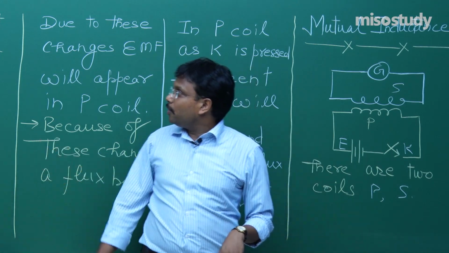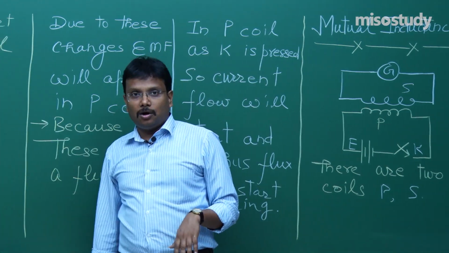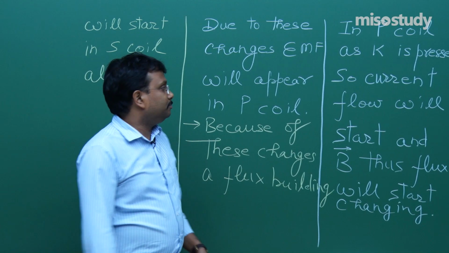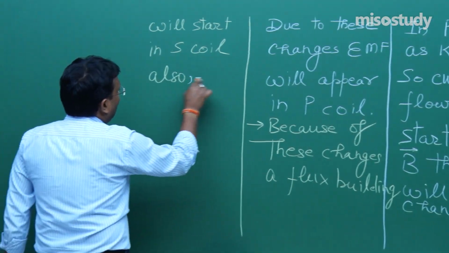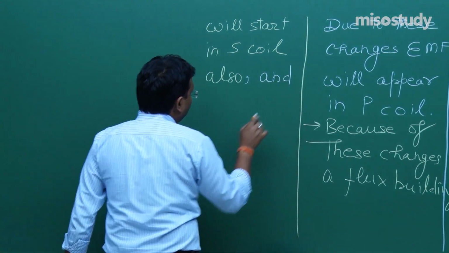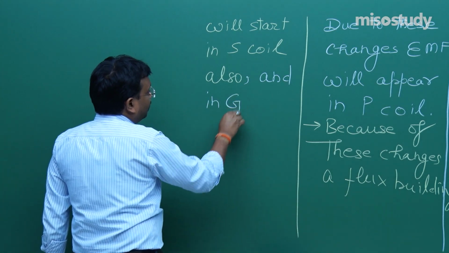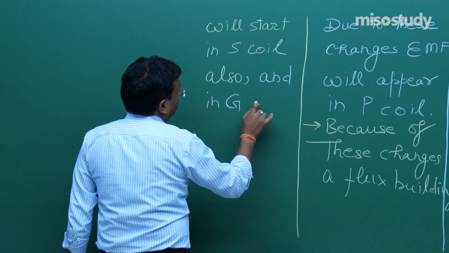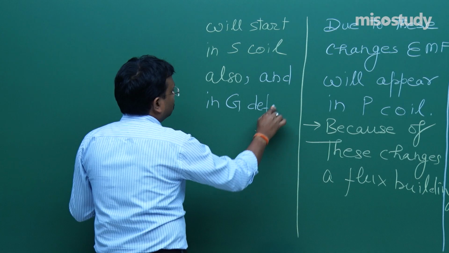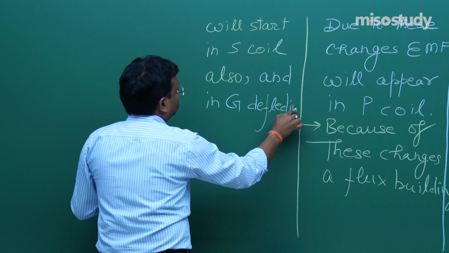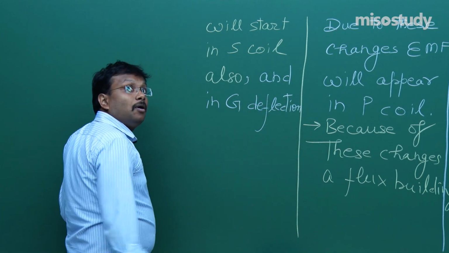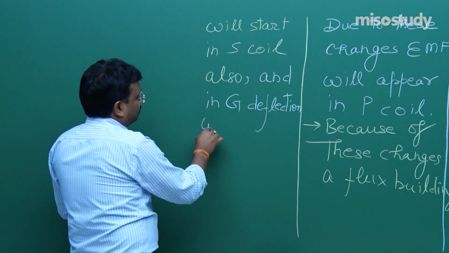So I mentioned over here that in the S coil also, in the galvanometer, deflection will take place.